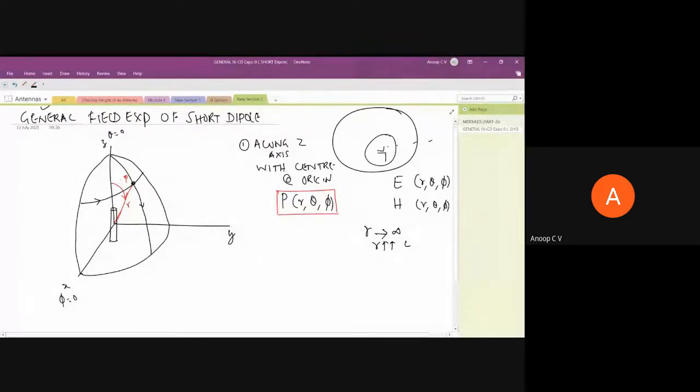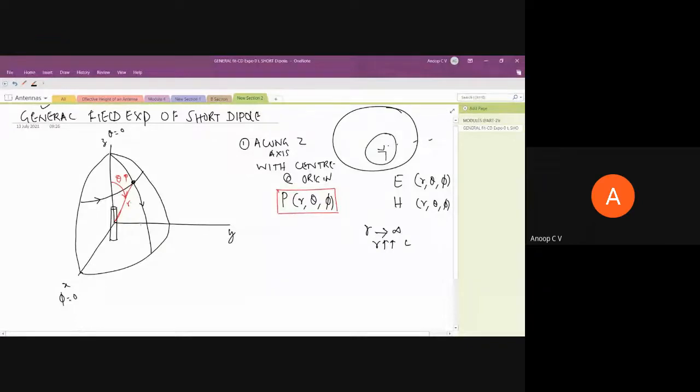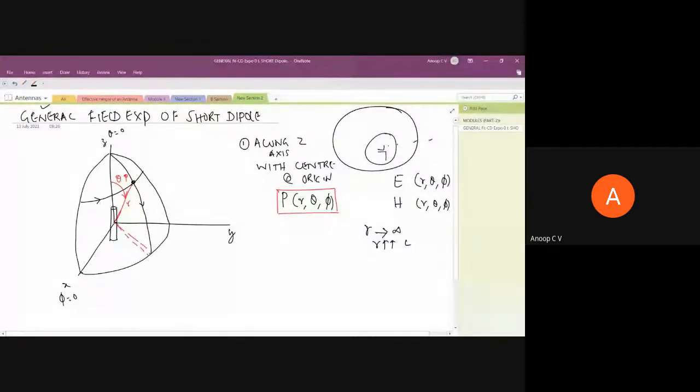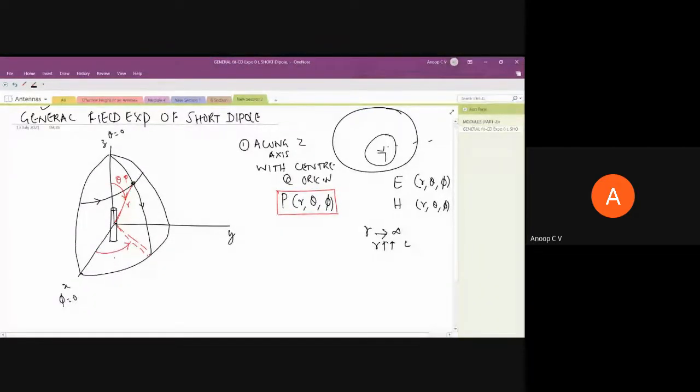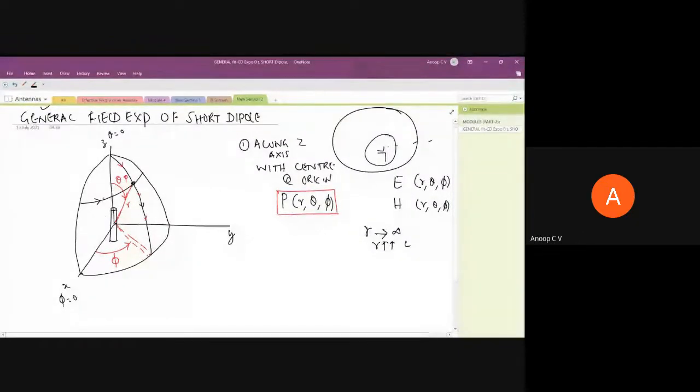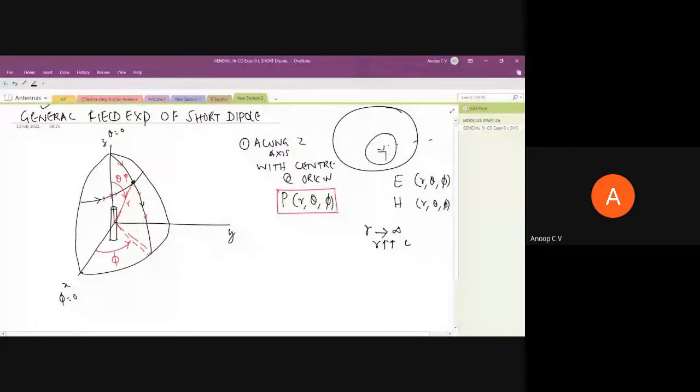Then if you project this radial vector onto the xy plane, the angle which this projection makes with the positive x-axis is phi. The limits of theta are from 0 to pi and phi from 0 to 2 pi. Over a sphere, r is a constant.